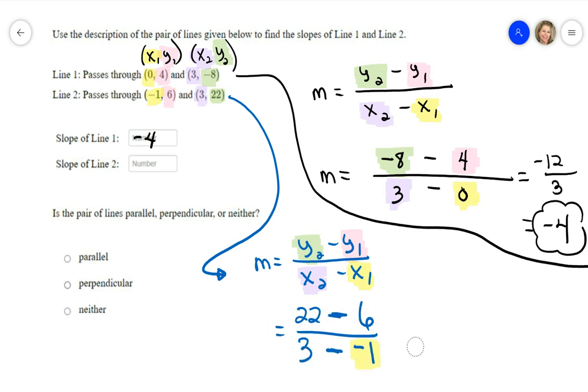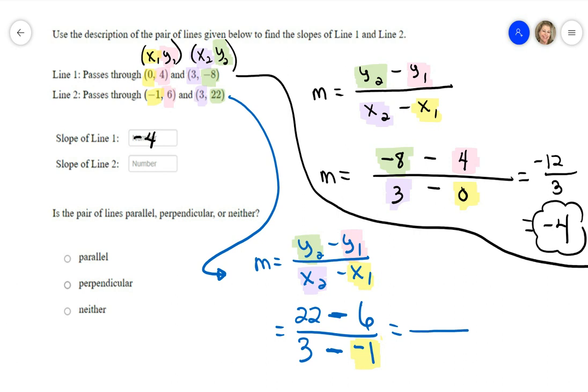All of negative 1, it's x sub 2 minus x sub 1. X sub 2 was the 3. X sub 1 was a negative 1. So it's 3 minus a negative 1. And whenever you subtract a negative, it's the same thing as adding a positive.